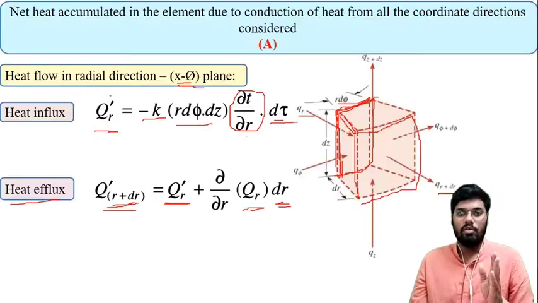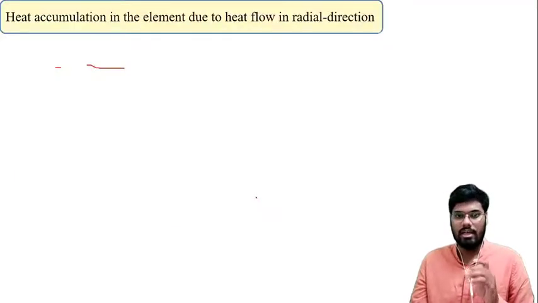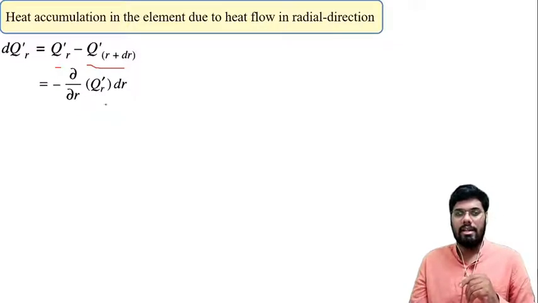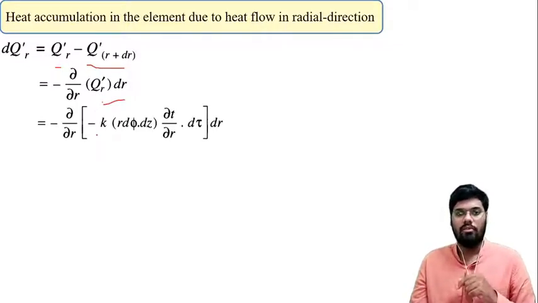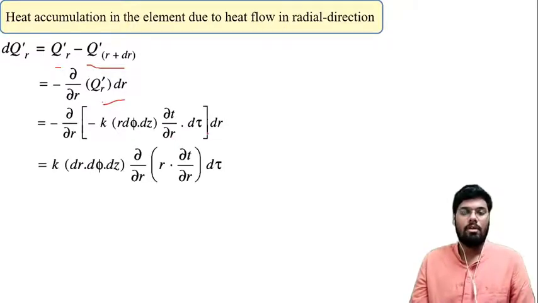So heat accumulation in the element due to heat flow in the radial direction would be qr minus qr plus dr. If we put this in, qr will cancel out, and the remaining term will be minus del by del r of qr times dr. Putting in the value of qr, which is minus k r d phi dz del T by del r d tau, times dr. Now simplify: this minus and this minus become plus. K dr d phi dz, put it at the front, del by del r of r del T by del r, into d tau.